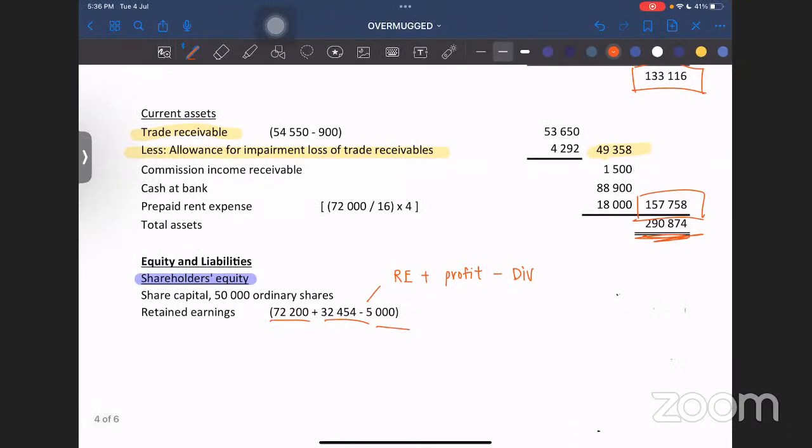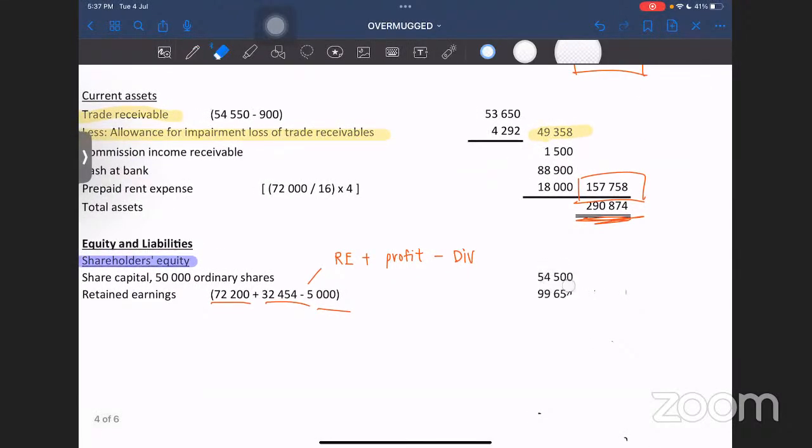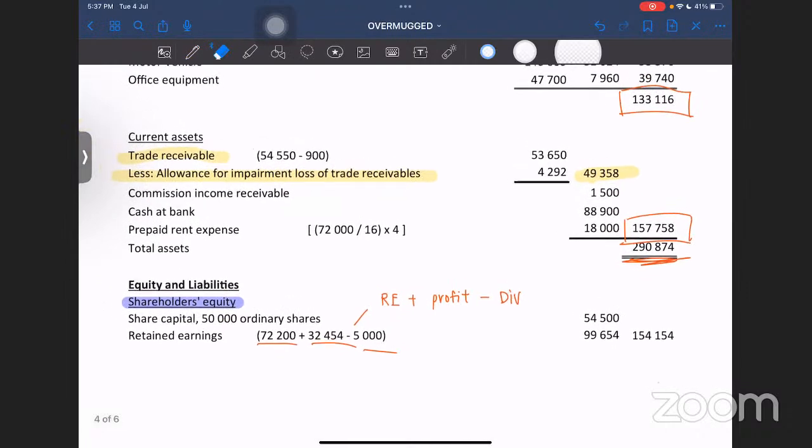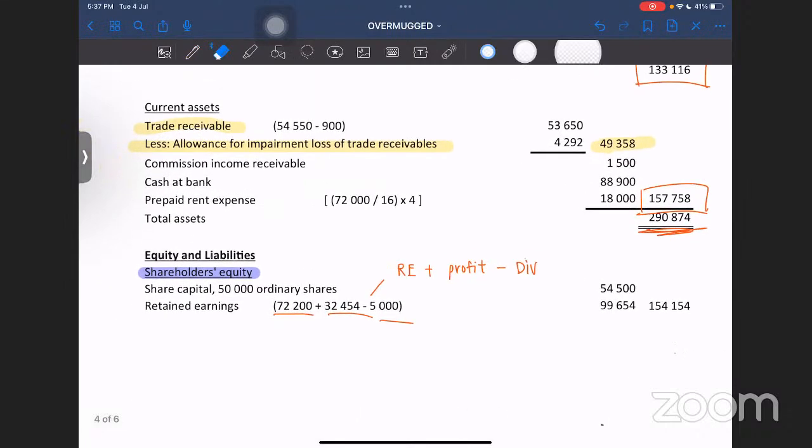Okay, and then I will list them out. So for company, your equity, you have two lines. For sole proprietor, only one line. Can? And so I think this is quite straightforward. And take note that you should always state the number of ordinary shares.